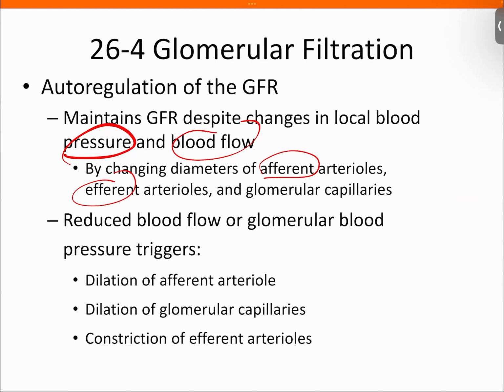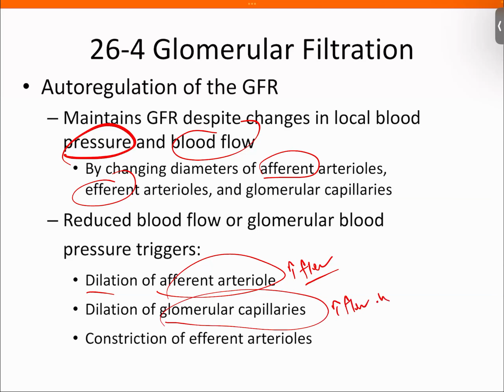And so generally speaking, when you have a reduced flow, this is going to dilate the afferent. This increases your flow because you get more blood in there, since you dilated the afferent, or the arriving arteriole. You also dilate the glomerular capillaries, which increases flow in the glomerulus.